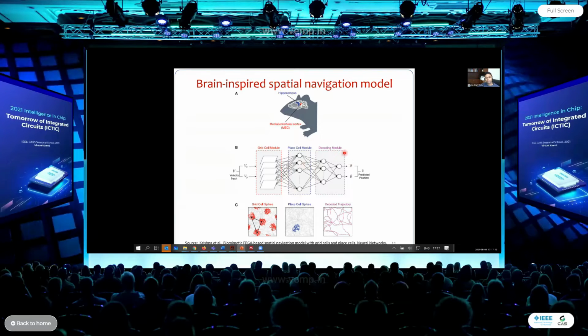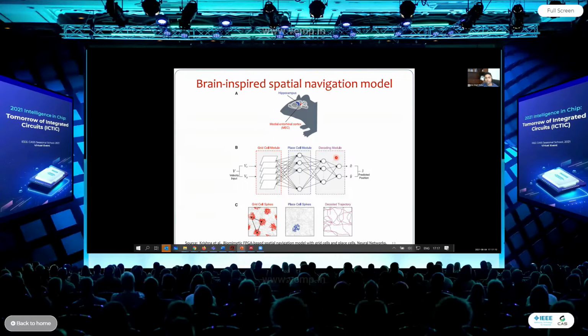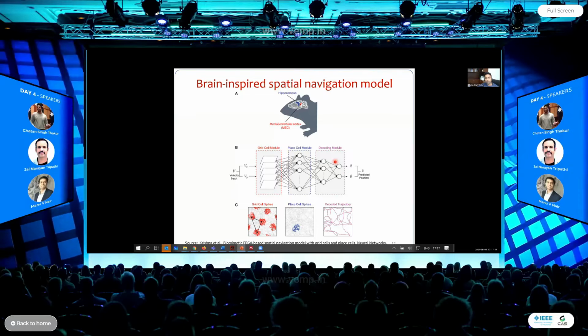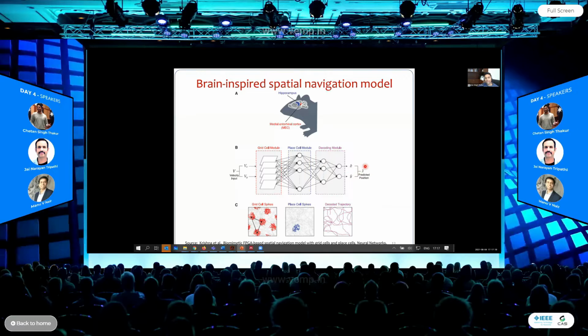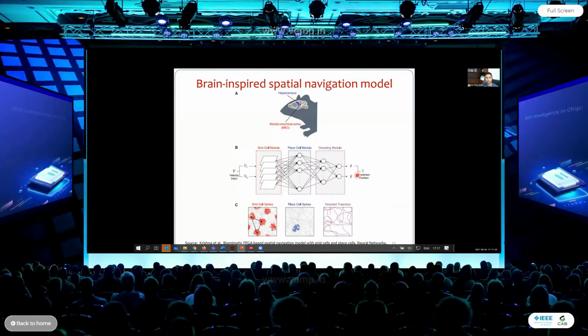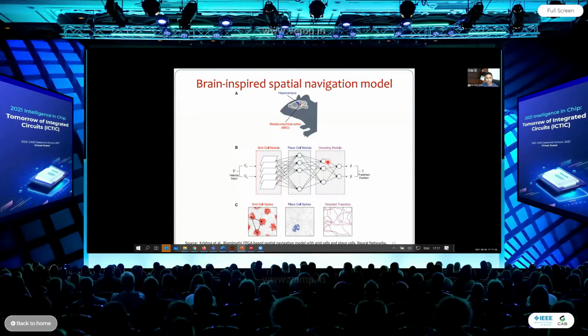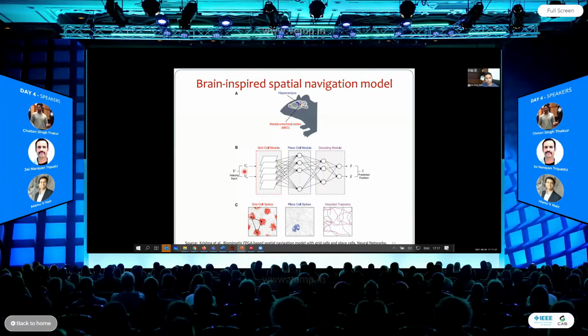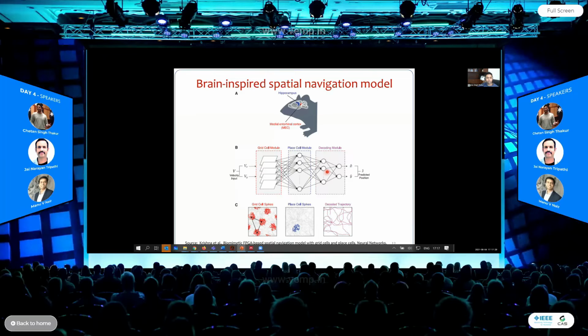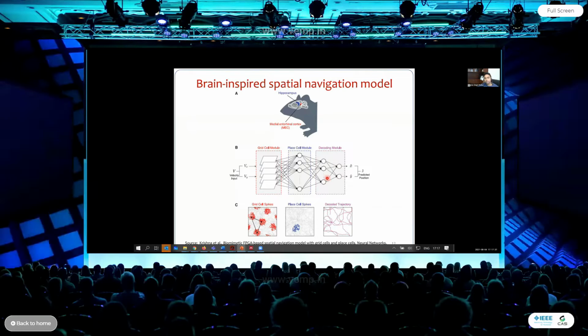And then you have a decoding module, which is a simple 2-layer neural network to do the regression to find out the actual position of the animal, right? We model this as a black box, but the grid cells and place cells encode enough information so that you can decode the position, right? So that's the whole idea here.